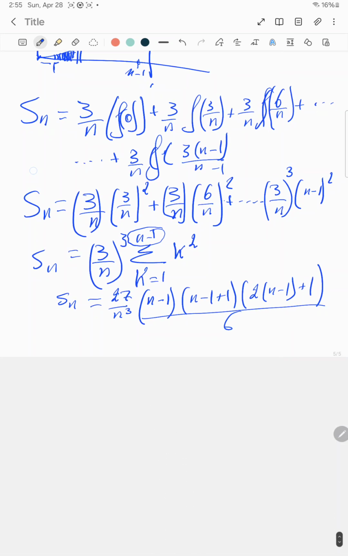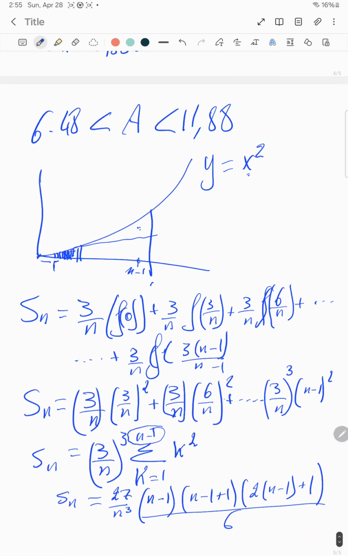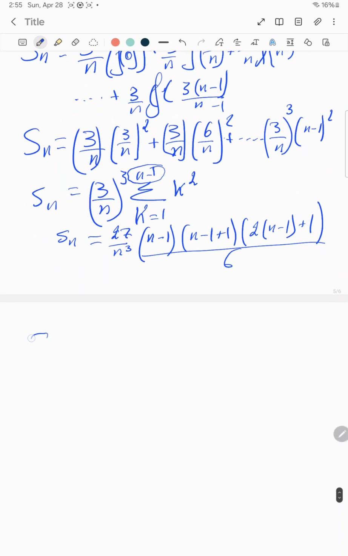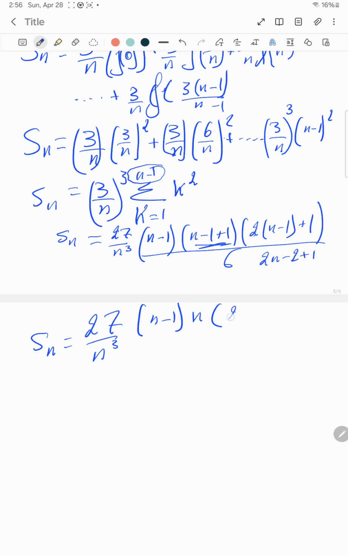And my sum, Sn, will become 27 over n cubed multiplied by n minus 1, and this will become n, and this 2 times n minus 1 is 2n minus 2, so this becomes 2n minus 2 plus 1, it's 2n minus 1. 2n minus 1 divided by 6.